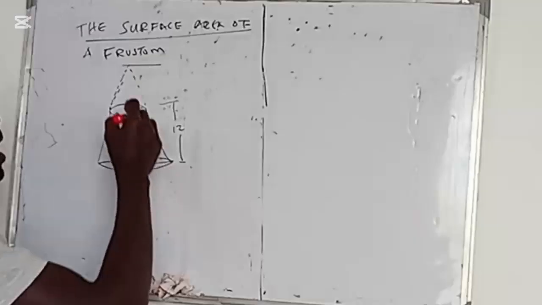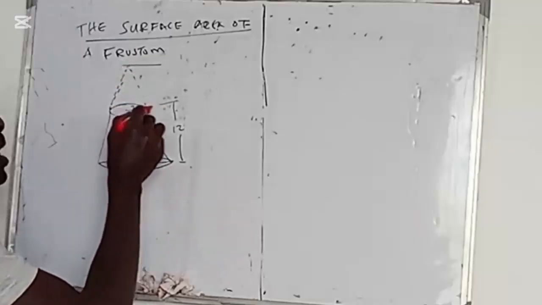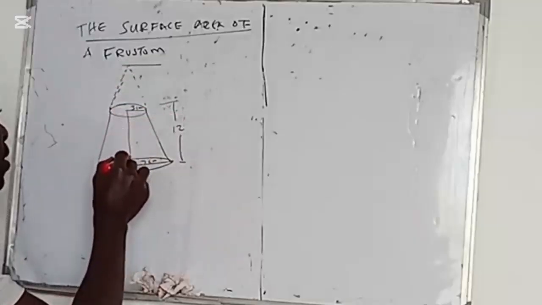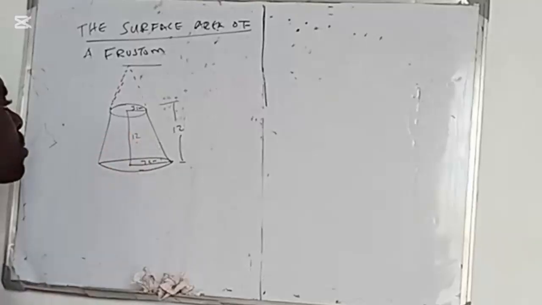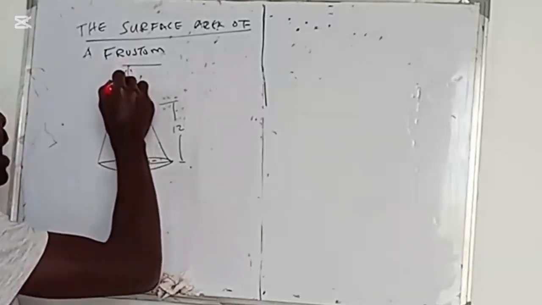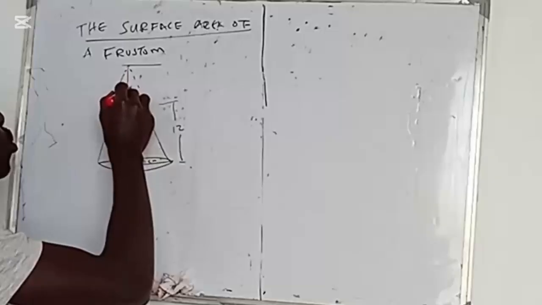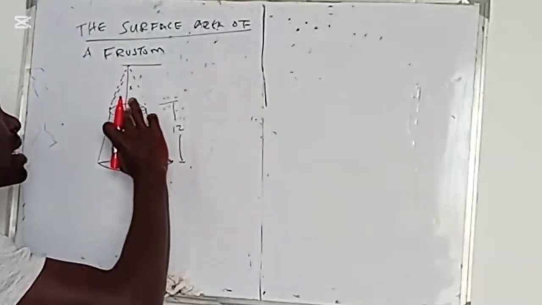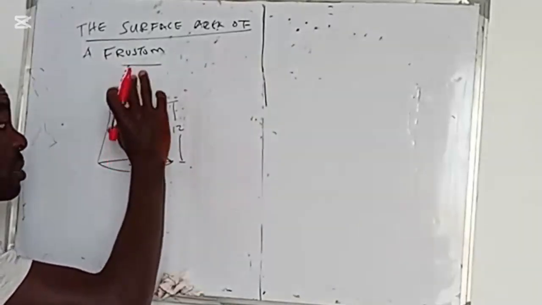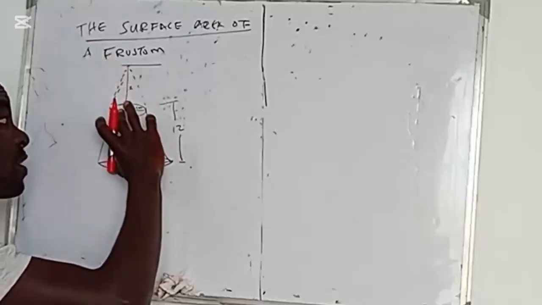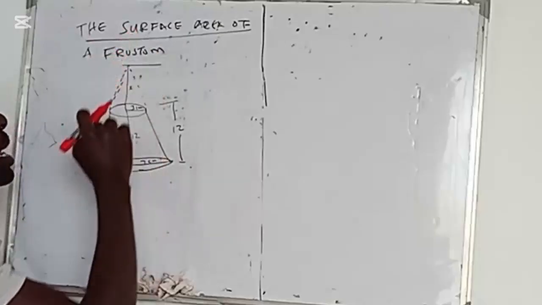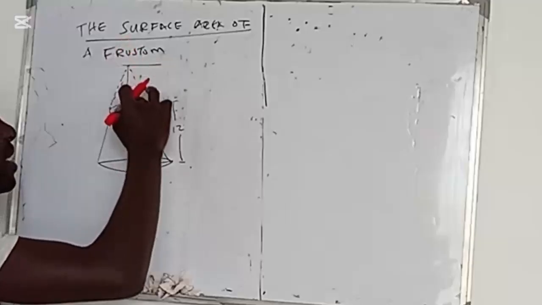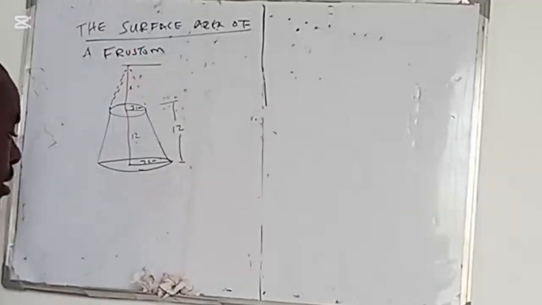So this height can only work for that part. But for the part that we have added, we do not know the height of it. We know part of the height, the height of the frustum, but we do not have any slant height also.